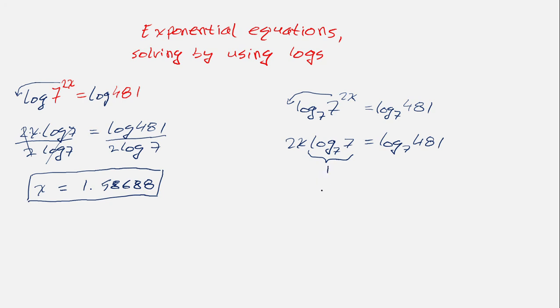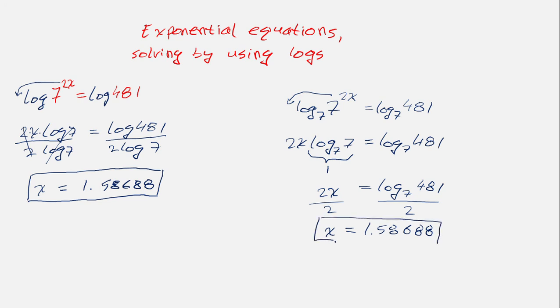So this is actually 2x times 1, which is just 2x, equal to log base 7 of 481. So all we need to do is divide by 2. And then we will get the same number, 1.58688.